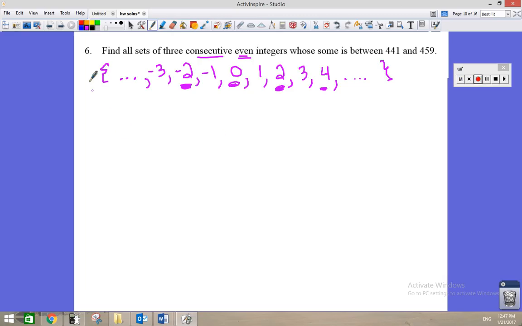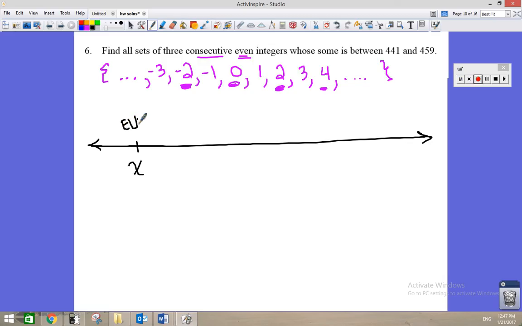So let's draw a number line. Let's let x be our smallest even number in our list. Small numbers are to the left, larger numbers to the right. Integers have a property that even and odd alternate.